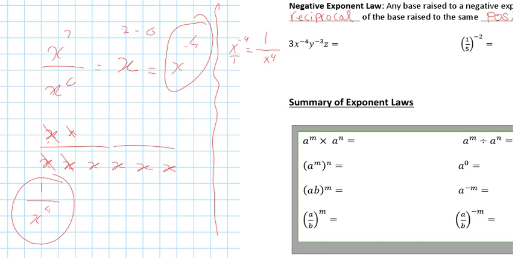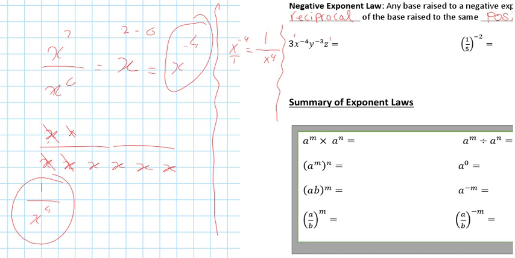Okay. Now, if I have something like this, some of my exponents are positive, so this is a positive 1, this is a positive 1, and some of my exponents are negative. What happens in that case?